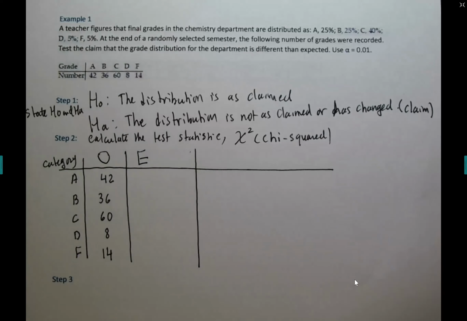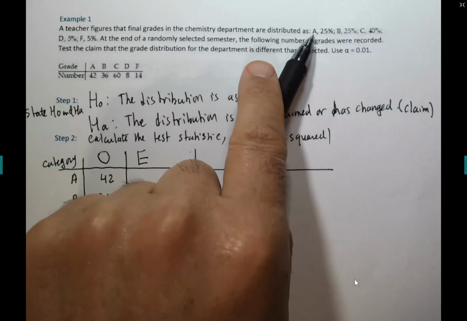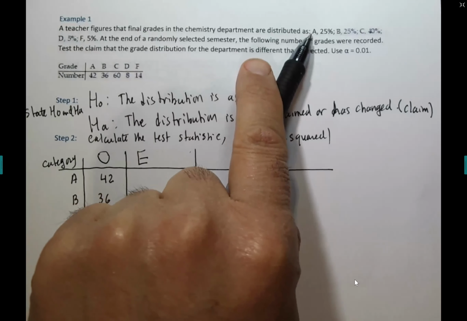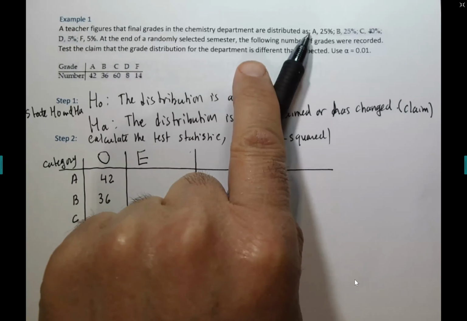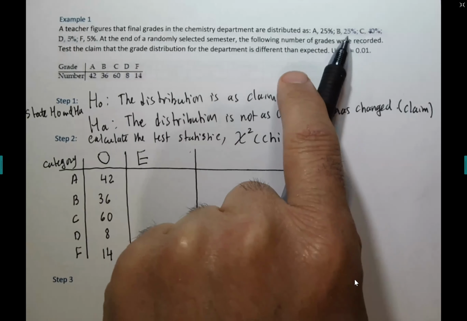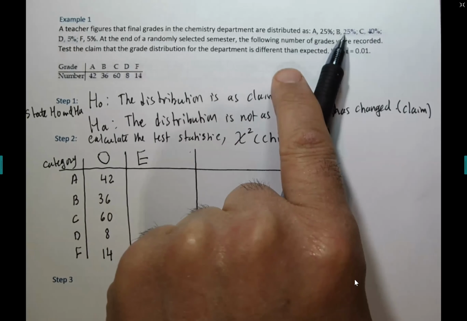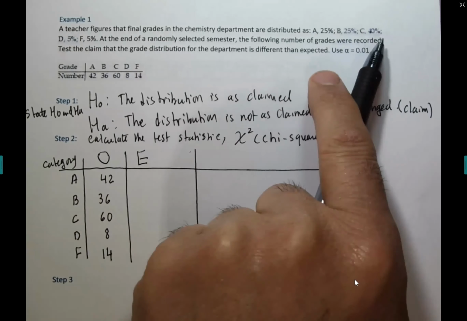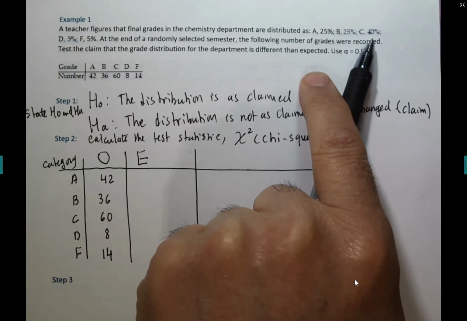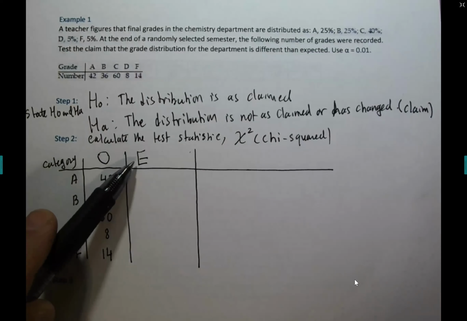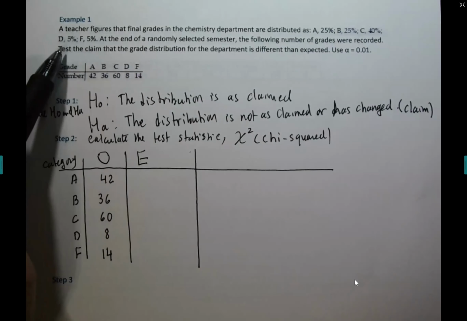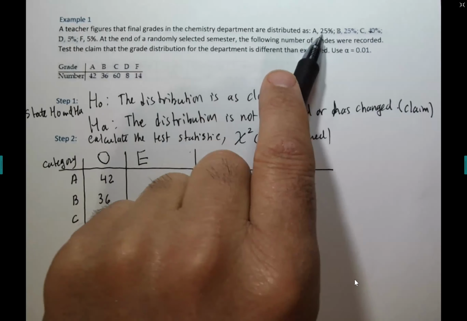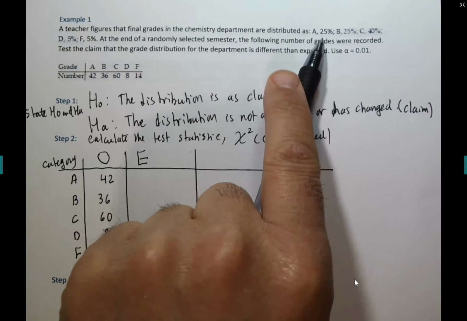We expect 25% of the students to get an A if the teacher's claim is valid. We expect 25% of the students to get a B. We expect 40% of the students to get a C, and so on and so forth. So your expected values, guys, will always be the percent of the total. We'll begin with A, which is 25%.